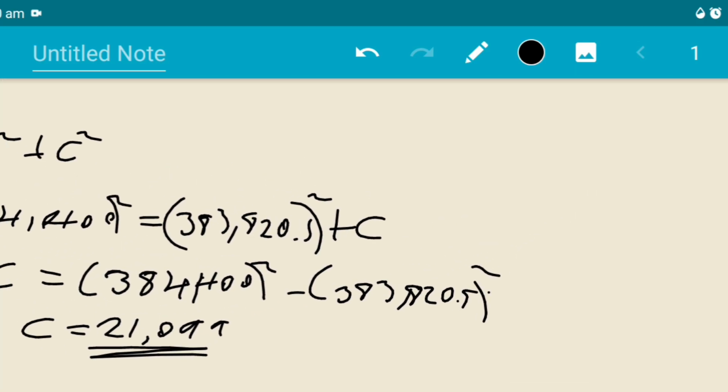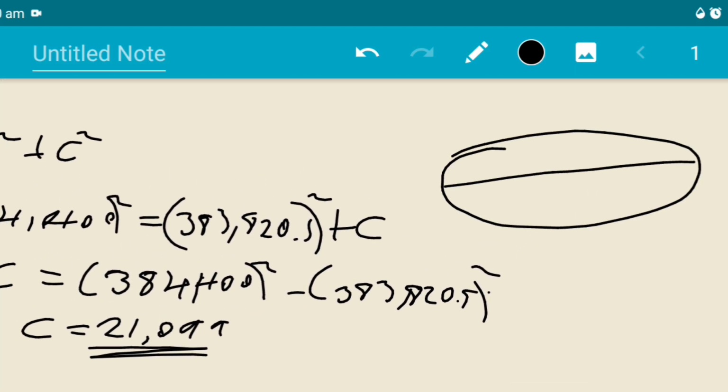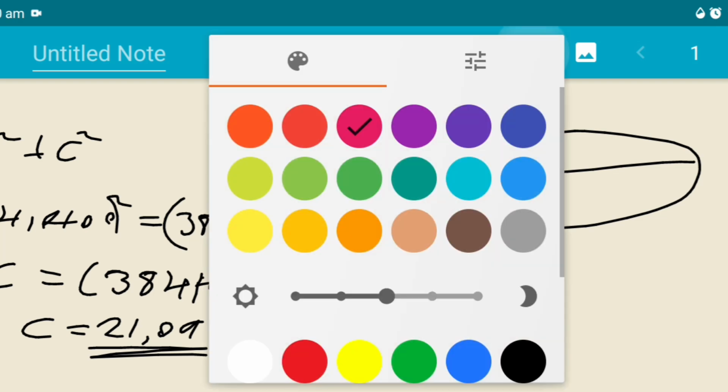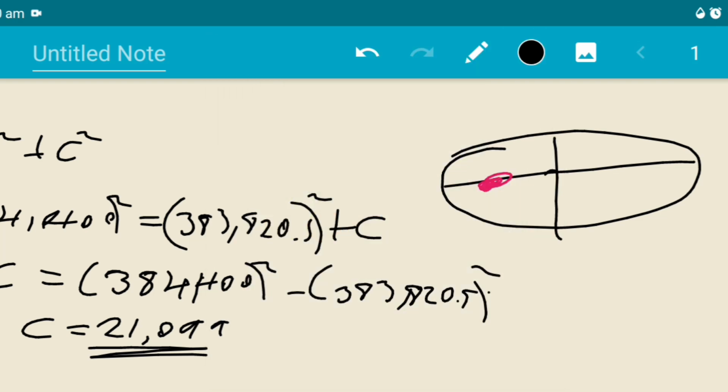So we found our C, but all that they're looking for is the longest distance and the shortest distance. So with C being found, which is the distance from the center up until here, we can just say A plus C. That is our longest distance, which is the apogee.